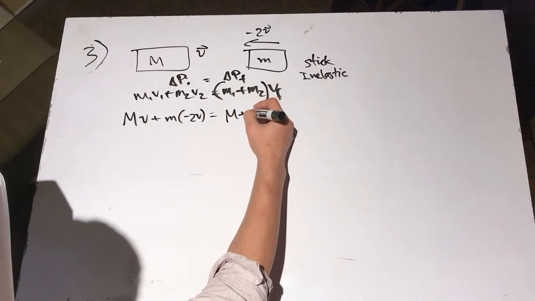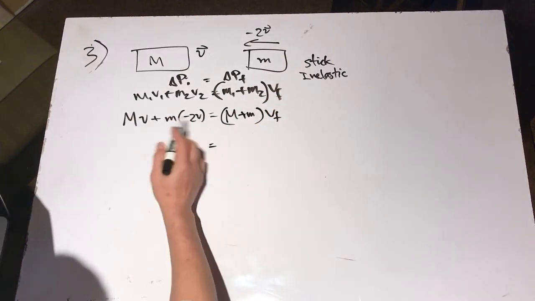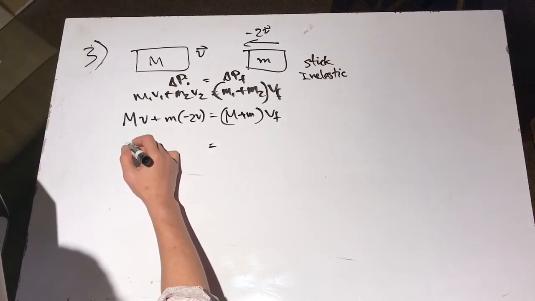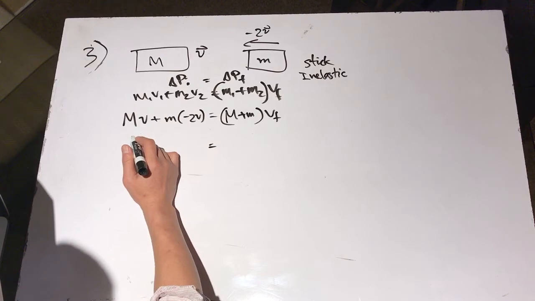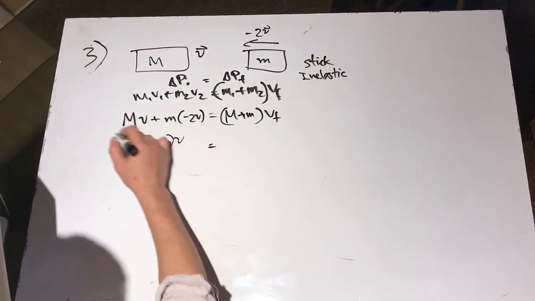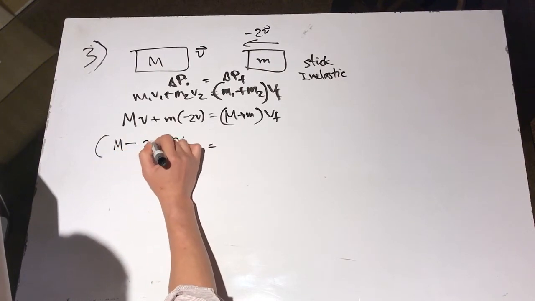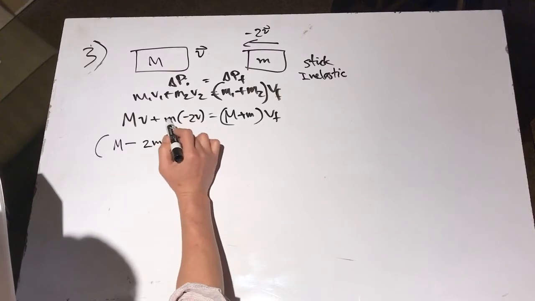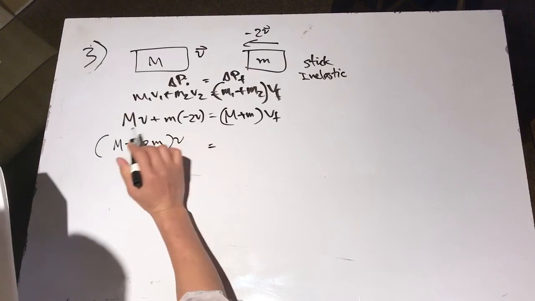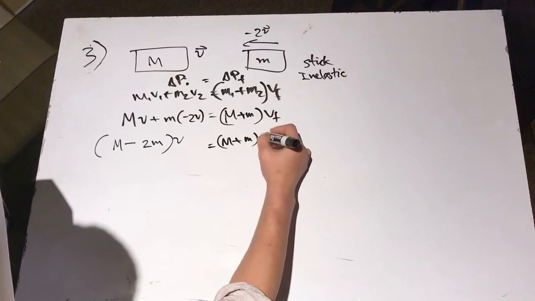So (M plus smaller m) vf. So I'm just going to combine the terms. I'm just going to take velocity outside. So that will be M minus 2m, because you do the algebra. So that's minus 2mv, correct? And that's Mv, that's the same. M plus m, vf.